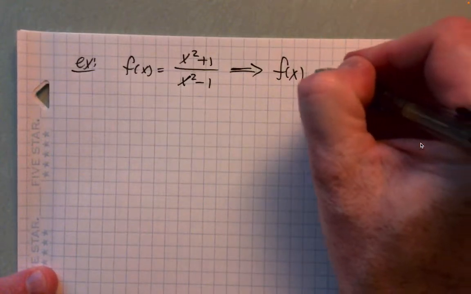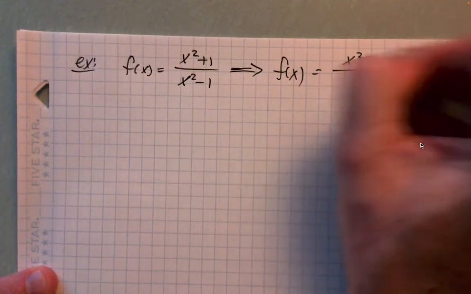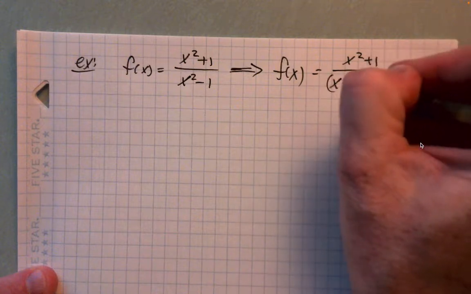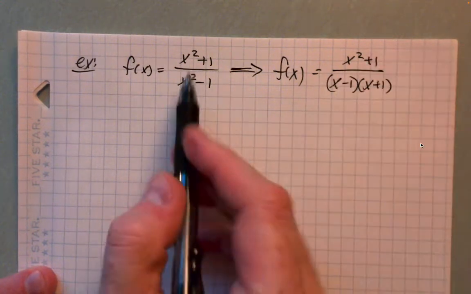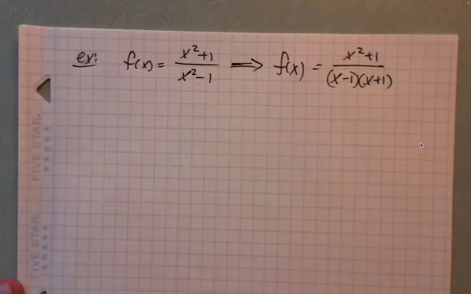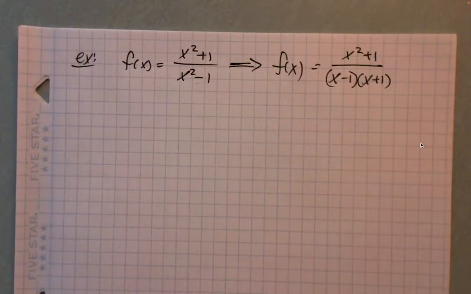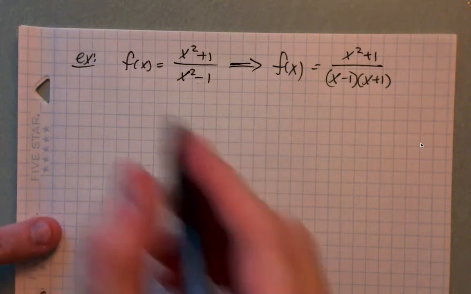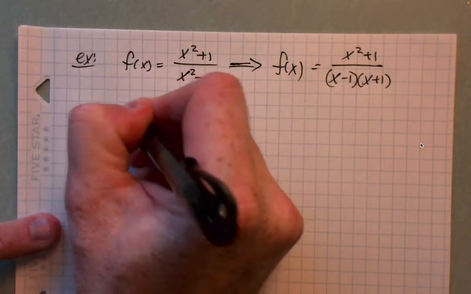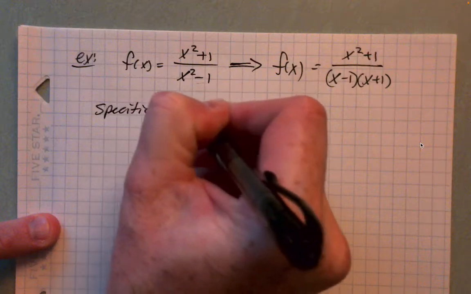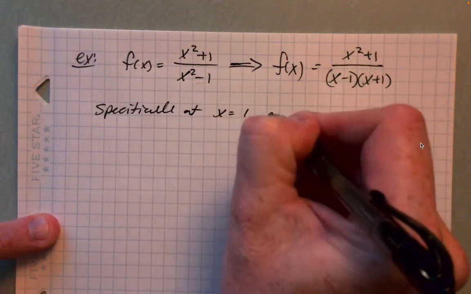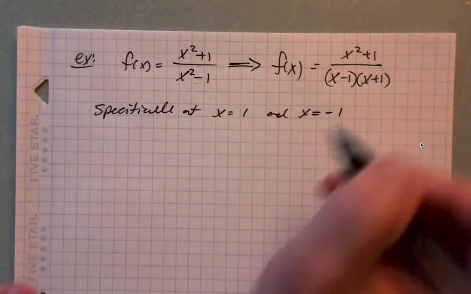So we could say f of x is equal to x squared plus 1 over x minus 1 times x plus 1. So that piece can be broken apart into x minus 1, x plus 1. And so technically this function actually has two values of x where the denominator is 0, specifically at x equals 1 and x equals -1.